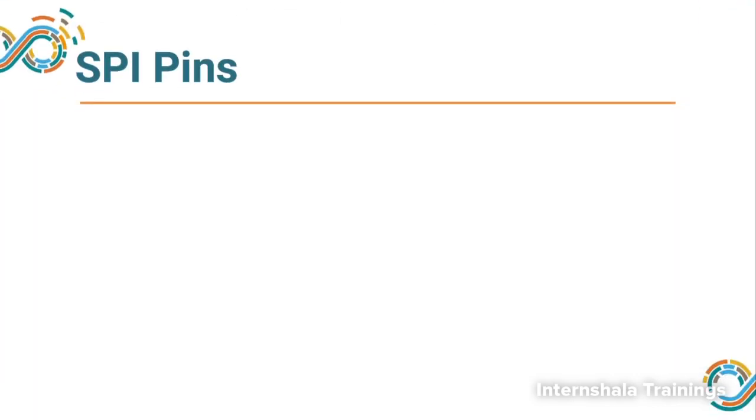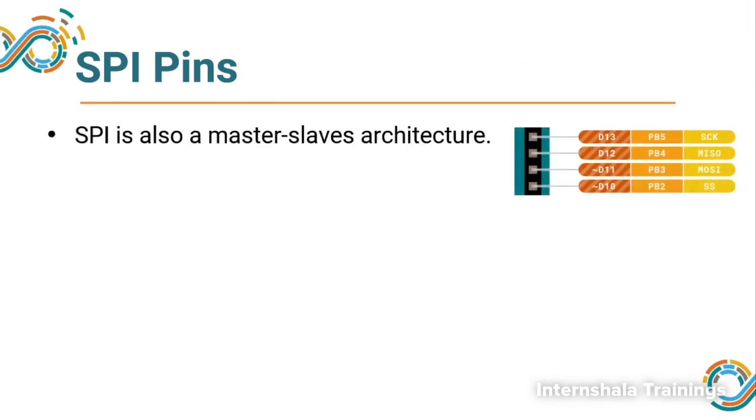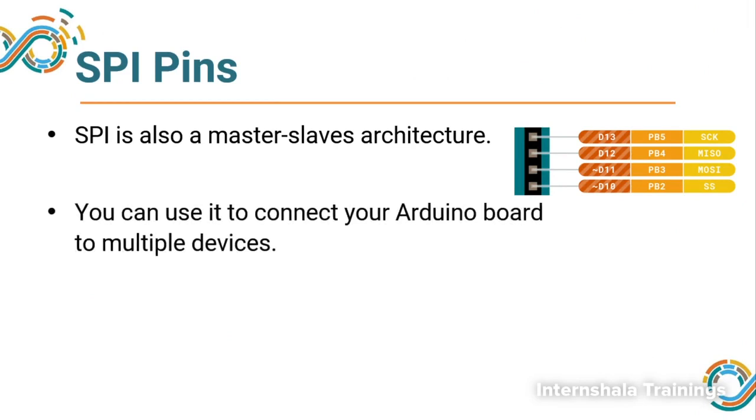A similar protocol is SPI. In SPI we have 4 pins from D10 to D13. It is also a master-slave architecture. Here we can connect another Arduino board to our existing Arduino board. Of course, we can attach another component also which supports SPI communication.